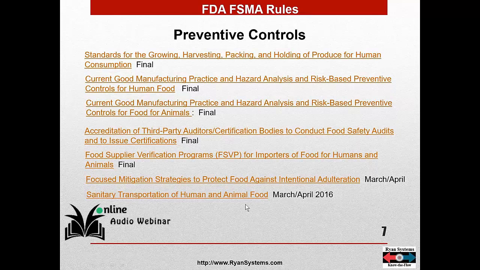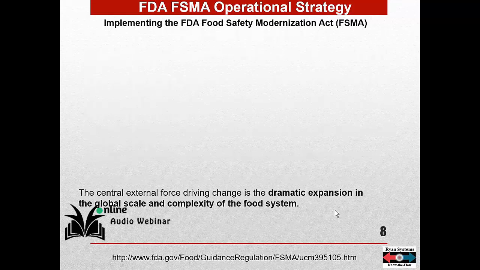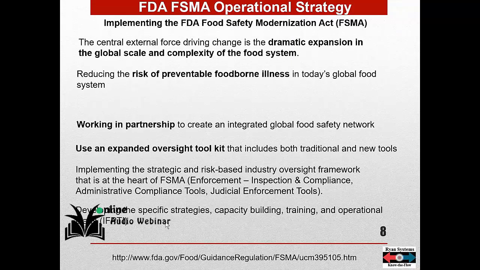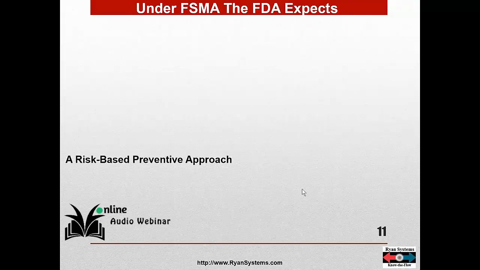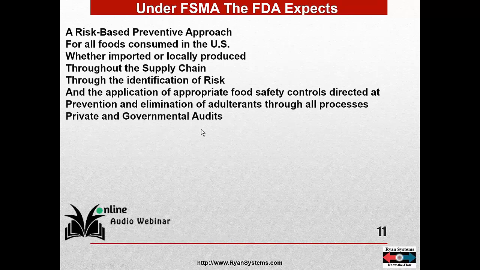We have to have sanitary transportation of the food. Okay, the FSMA and the FDA have a strategy under FSMA: capacity building, training, and operational plans. That's internationally. Under FSMA, the FDA expects you to establish a risk-based preventive approach. It doesn't matter, they're going to implement, and you have private and governmental audits.